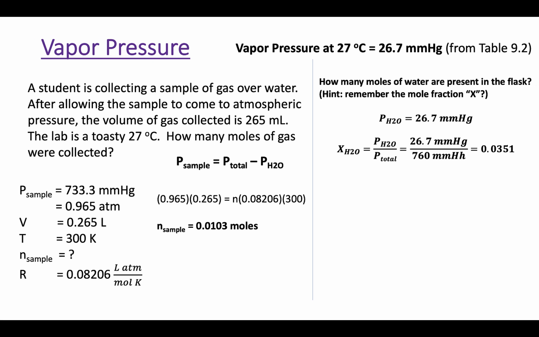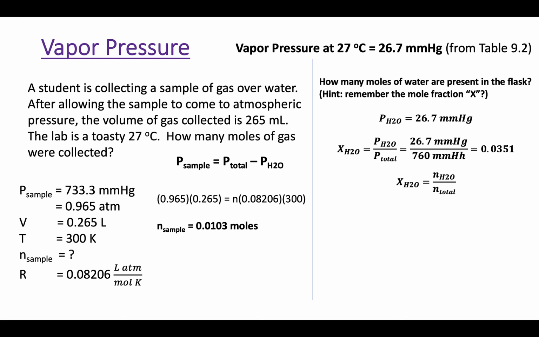That's the same as the mole fraction, because we know that the gases contribute to the total pressure as their partial pressure in accordance with their mole fraction, right? So the fact that the mole fraction is 3.5% means that the vapor pressure is 3.5% of the total pressure.